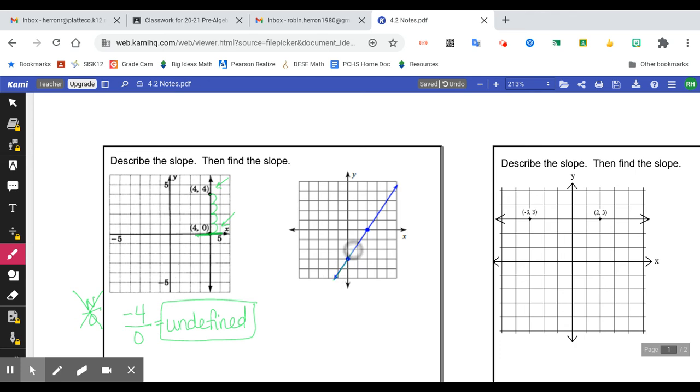This slope would be positive because it goes up. Let's do our counting. We're going to go up and then right. Up 1, 2, 3, and over 1, 2. So positive 3 over 2. Now, a lot of people say, well, this can be simplified because it's an improper fraction.